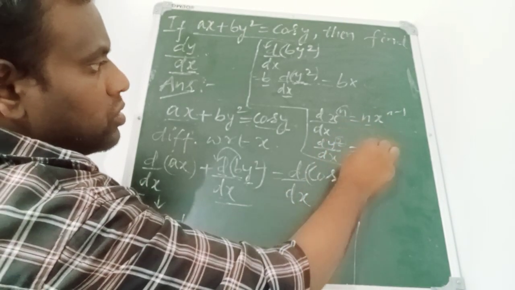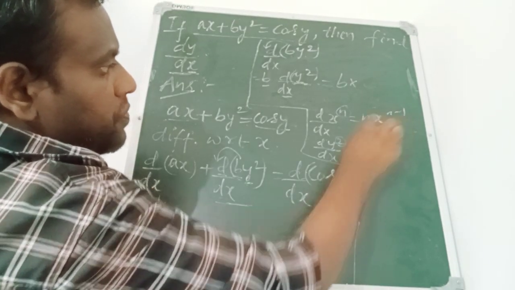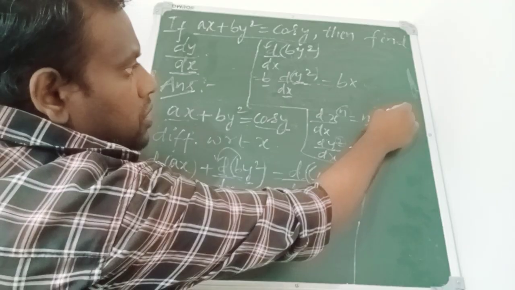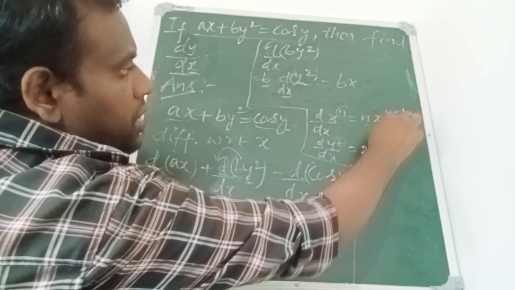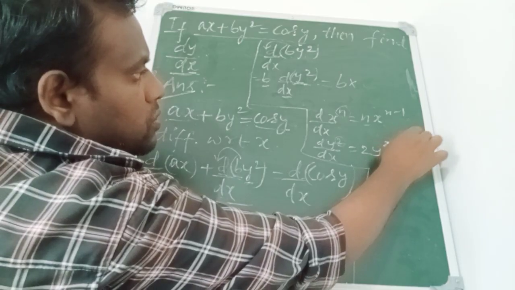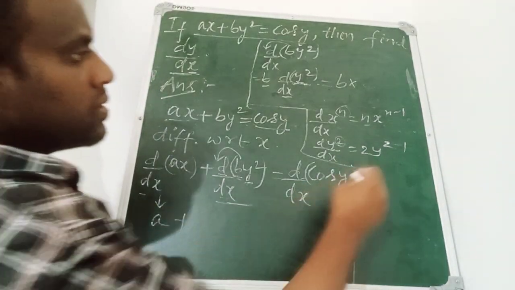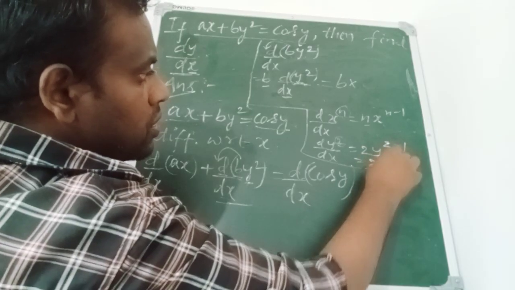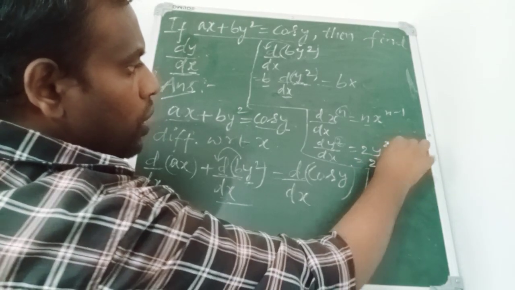n means 2. In place of x we have y, so y I will write. Again, this is n minus 1. In place of n, 2, so minus 1. That is equal to 2, write as it is, this y, to the power of 2 minus 1, 1.